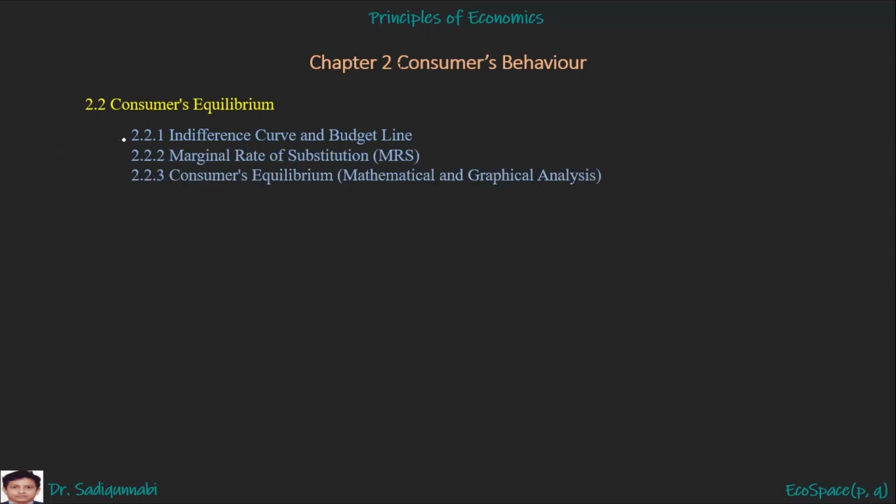So in this section, we have covered indifference curve, marginal rate of substitution, and consumer's equilibrium graphically. So our utility is a function of x1 and x2. Our graph says that the equilibrium point is tangential.